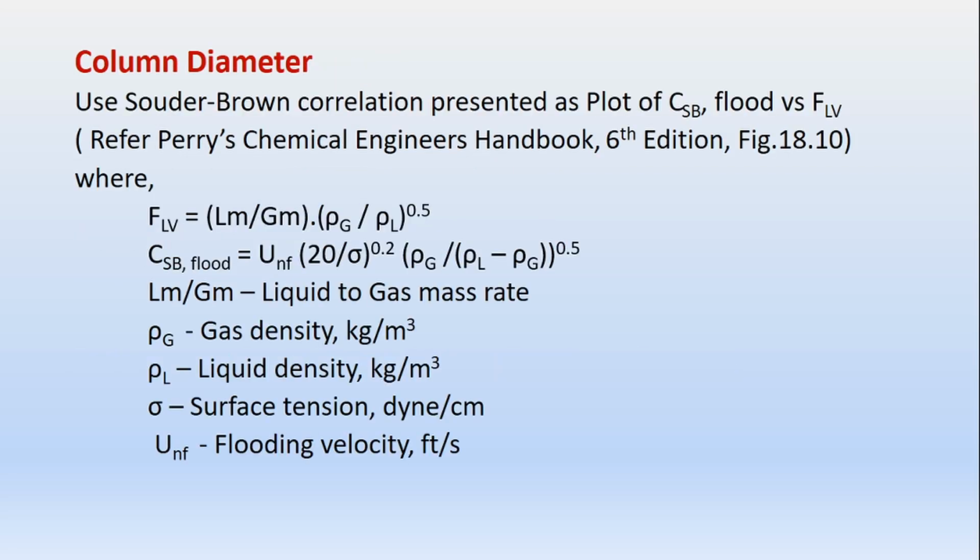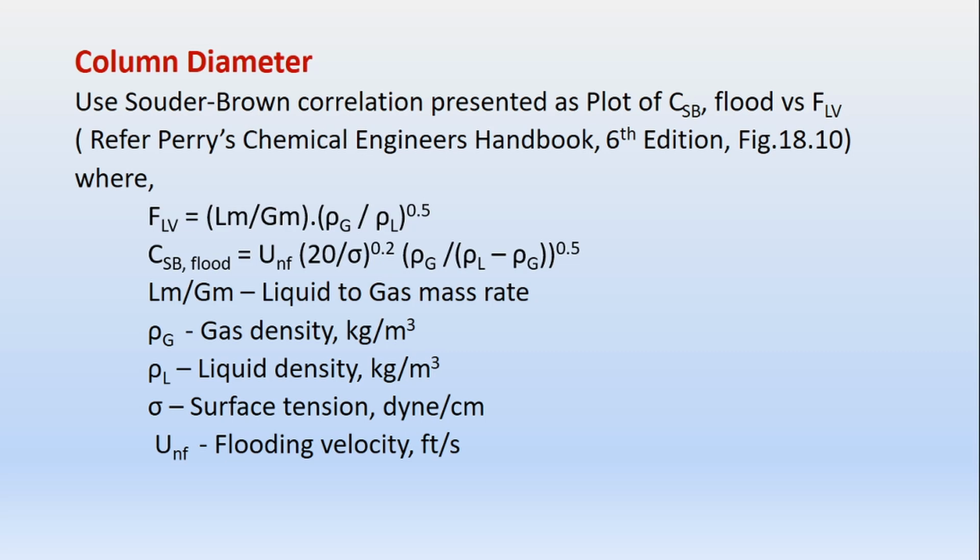Next we go for determining the diameter of the column. As in the case of the absorption process, if you recall, we determined the column diameter by considering the flow rate of the gas, and we determined the height of the column by the number of stages, or the height of packing in the case of the absorption column.